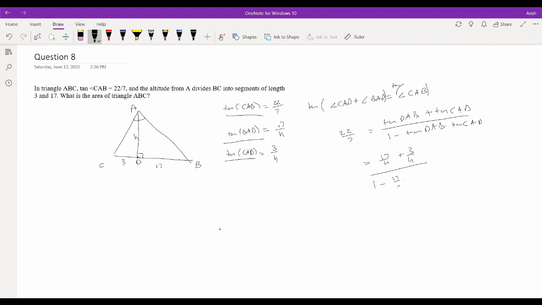So then now we can cross multiply and we move all the terms to one side, and what we get is the quadratic 22h squared minus 140h minus 22 times 51. And with a little bit of testing, we can figure out that this factors into 2 times 11h plus 51 times h minus 11.